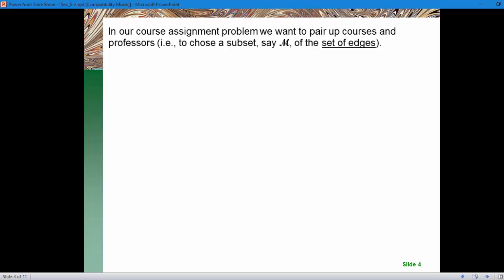And in the matching problem, we want to pair up courses and professors, which means that we want to find a subset of edges of the graph that will give us that assignment.